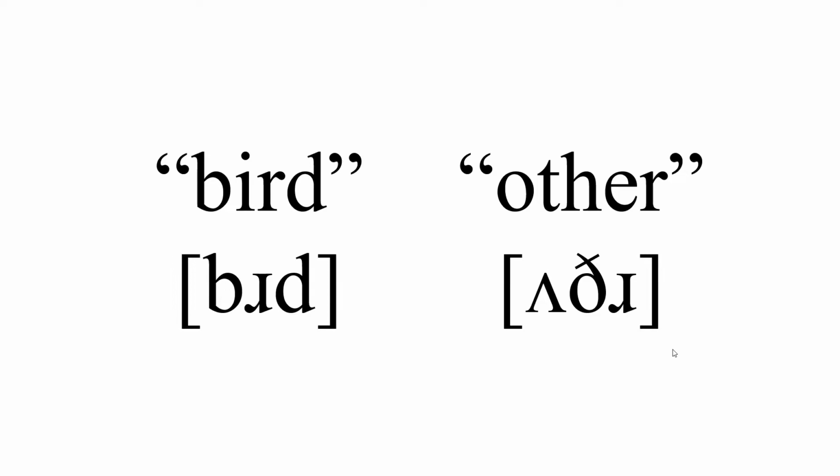Now, from my perspective, I think they're both fine with that turned R. Another thing that people will often do is put that little tick underneath, and we'll look at that again when we talk about suprasegmentals. That just indicates that it's syllabic, meaning that's the sonority peak in that syllable. You can use that or not use that.